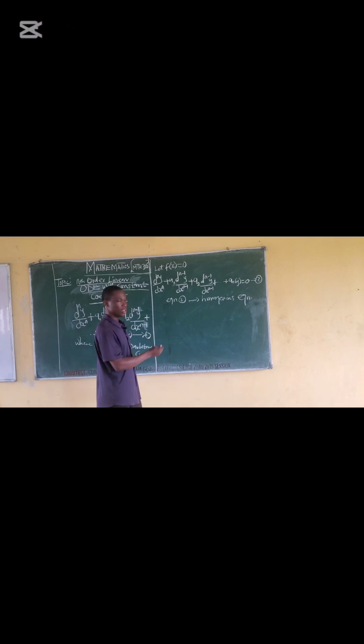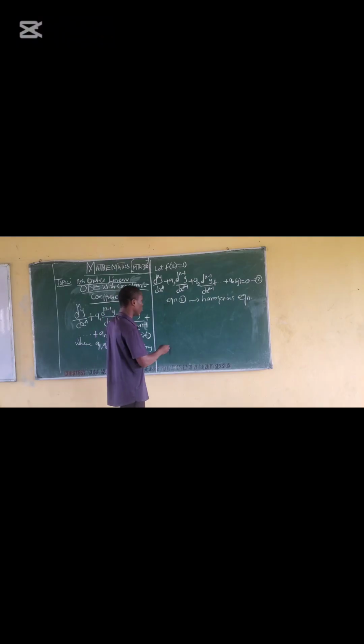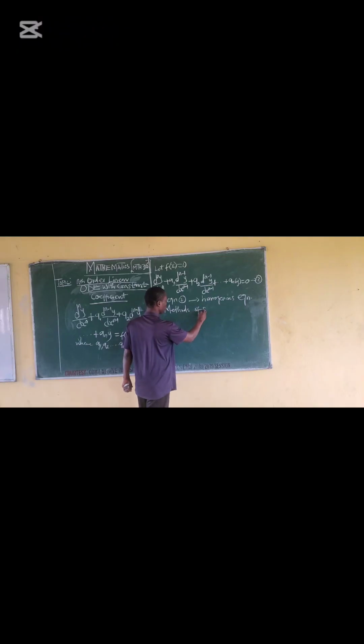Alright, so there are different methods of solving homogeneous equations. To look for the methods of solution of a homogeneous equation, we are going to look for what we call the auxiliary equation, or the characteristic equation, or the general solution.